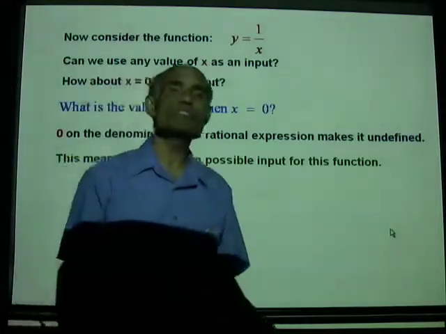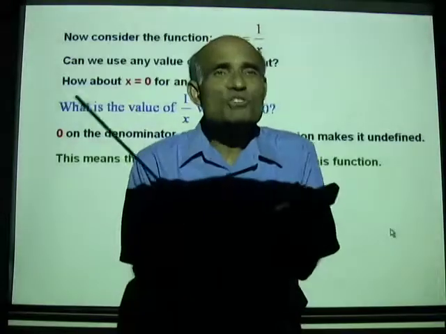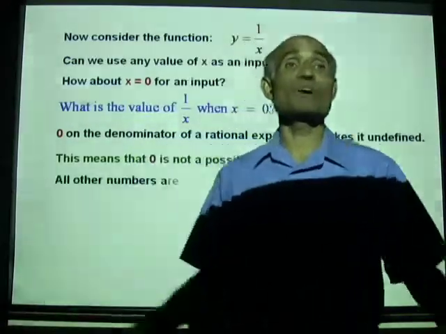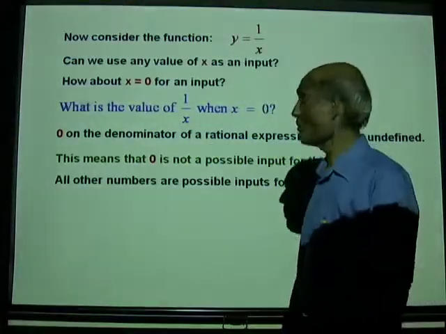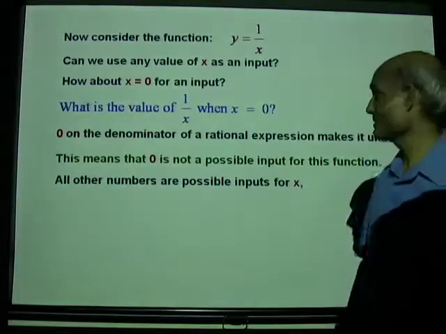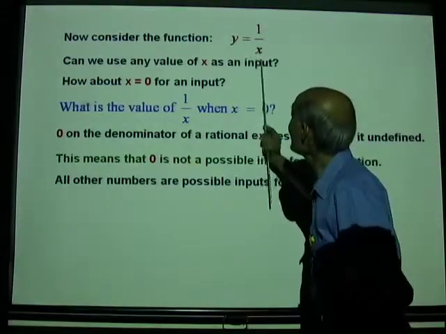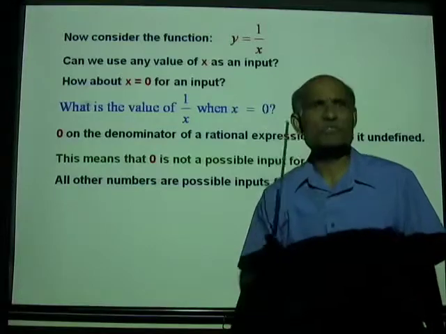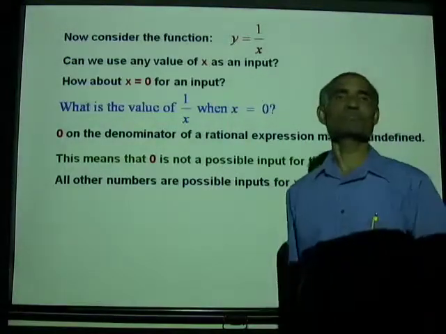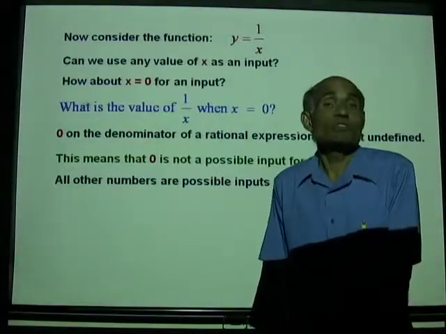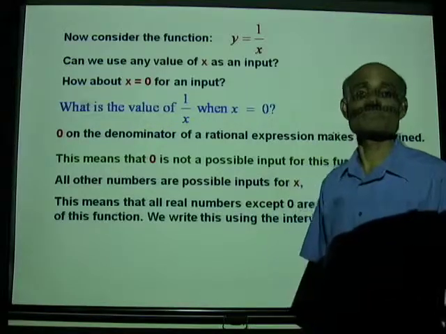What that means is 0 is excluded from the domain of this function. All other numbers are possible. You can put any x value there except 0, you will get an output. But x equal to 0 cannot be an input.